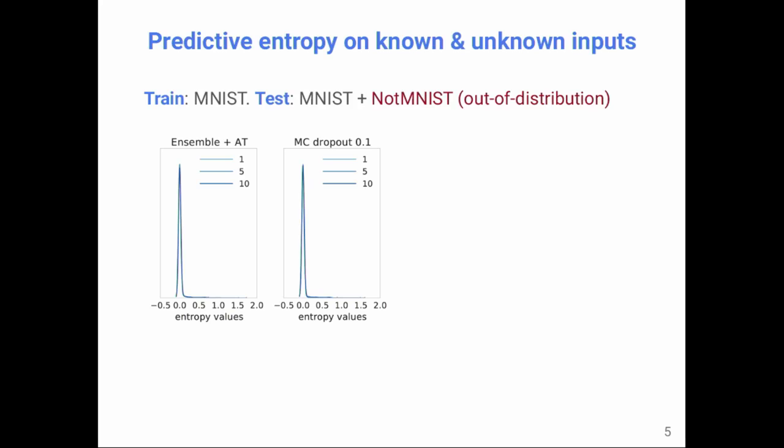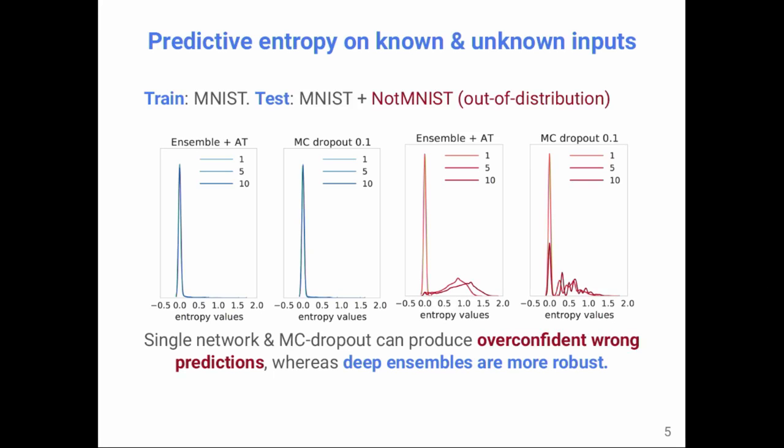However, when you predict on the notMNIST data set, which has images of alphabets instead of digits and is out of distribution, the network is going to get it wrong, but at least you would like it to be less confident. On the left, you see that a single network is very overconfident, even though it's completely wrong. However, as you increase the number of nets, the confidence drops significantly.